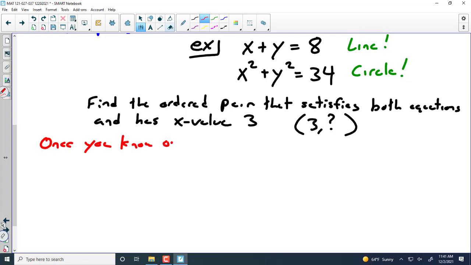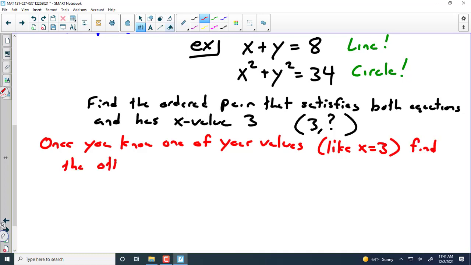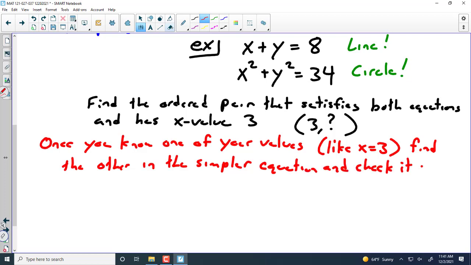Once you know one of your values, like x equals 3, find the other in the simpler equation and check it in the more complicated.